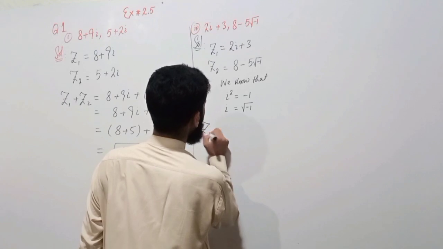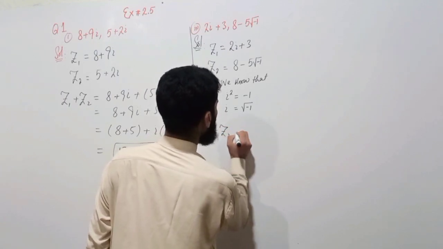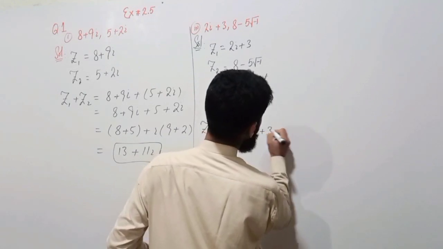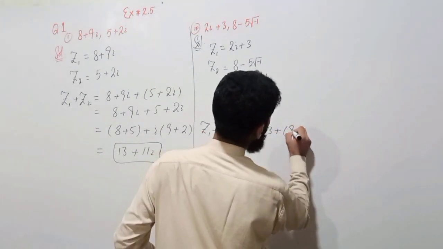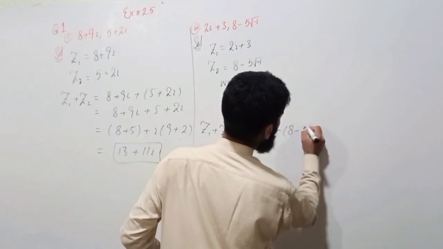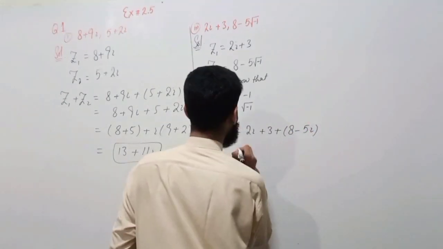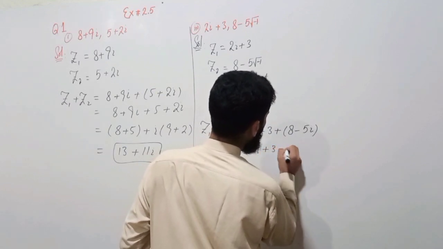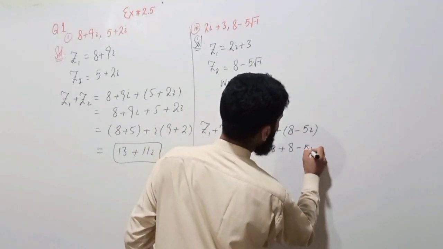So z1 plus z2 is 2 iota plus 3 plus 8 minus 5 iota.